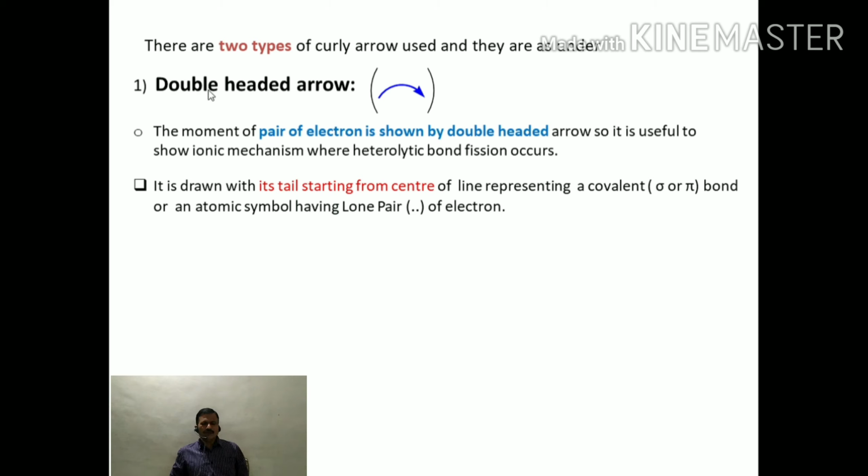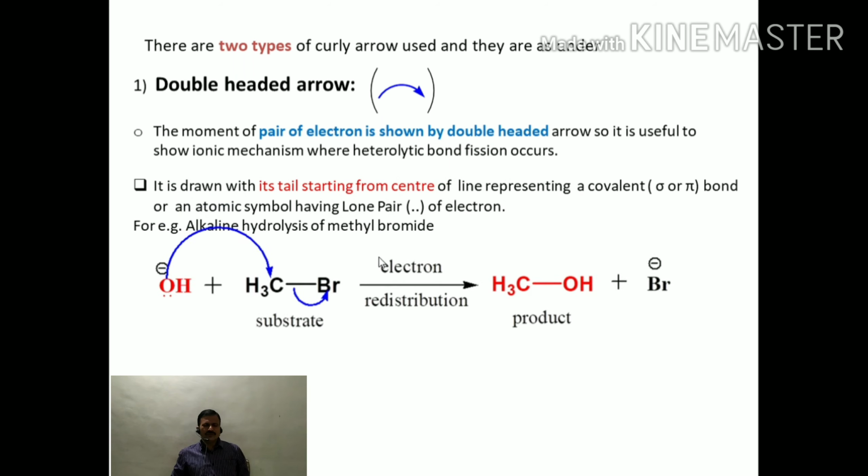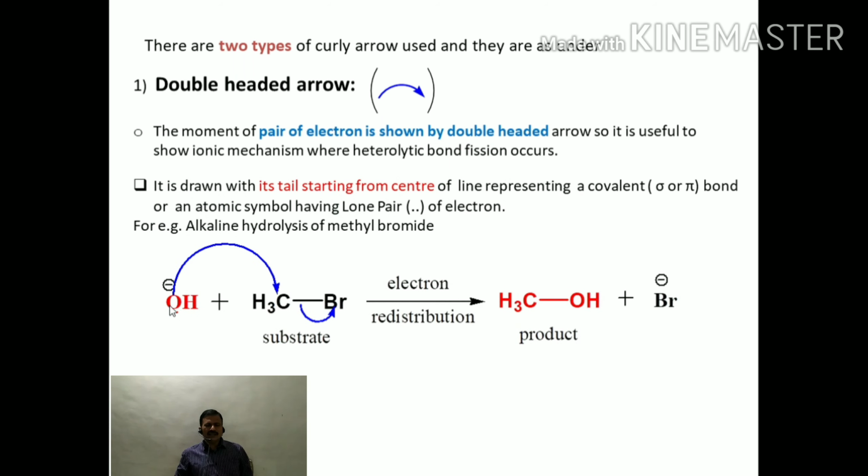For example, we will look at the alkaline hydrolysis of methyl bromide, which is a well familiar example of SN2 reaction. So here OH minus, which has more electron density, shares its electron pair towards this methyl group where bromine is attached, and now electron redistribution takes place between these two species related to the formation of the product, methyl alcohol, along with removal of bromide in the form of Br minus.